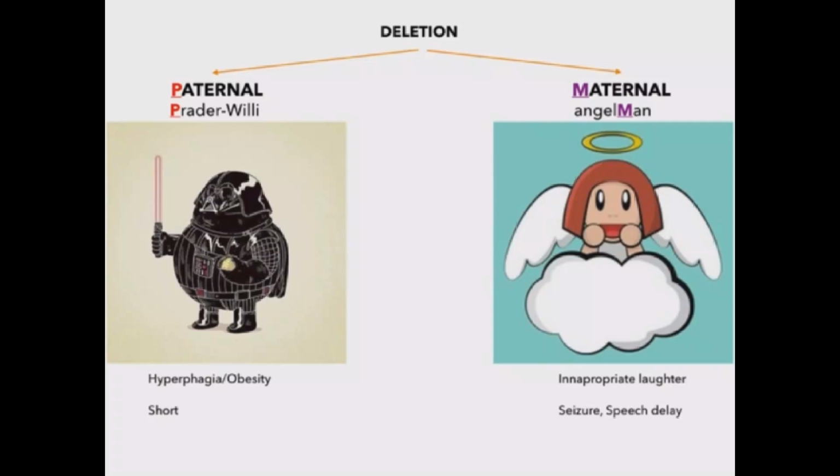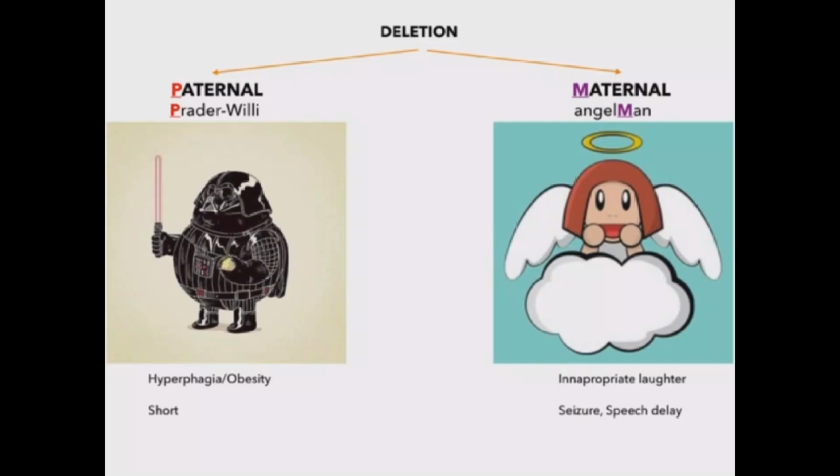Additionally, secondary symptoms that could lead you in this direction are seizures and speech delay. So if you look in this picture, for seizures, there's the crown above the angel. So remember that crown on the head of the angel represents seizing in the central nervous system. And as far as speech delay goes, notice that her hands are in front of her mouth, as if to say that she cannot speak or she's delayed in speech.